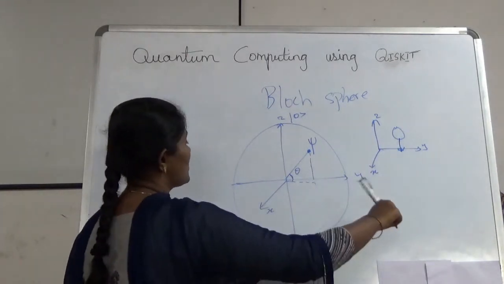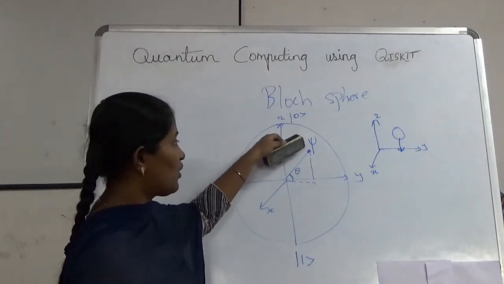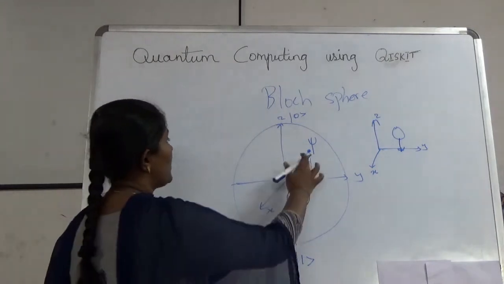By calculating the position of the electron, we will get some complex numbers.